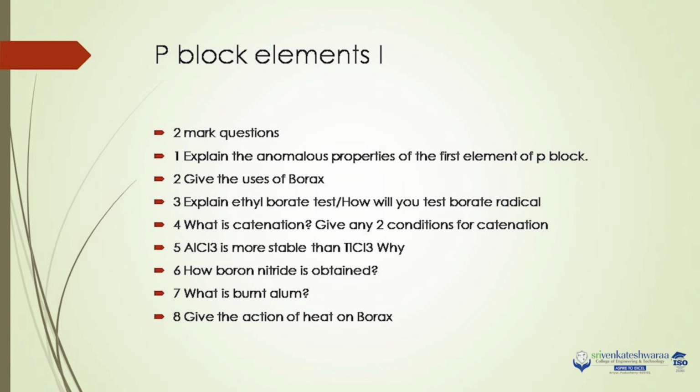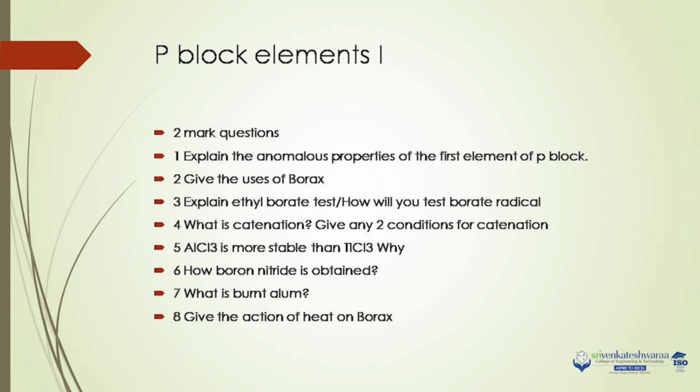Now regarding catenation, what is catenation? The ability of an element to form bonds with other elements to form a long chain of compounds is called catenation. We have studied in organic chemistry regarding carbon.